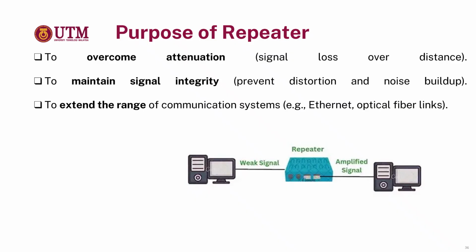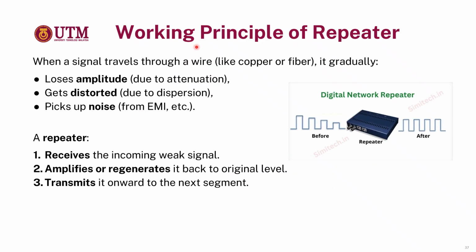Next, working principles of the repeater. When a signal travels through wires, for example copper or coaxial cable, it will gradually lose amplitude due to attenuation. So this is the V naught and I naught of the equation that you have seen just now.